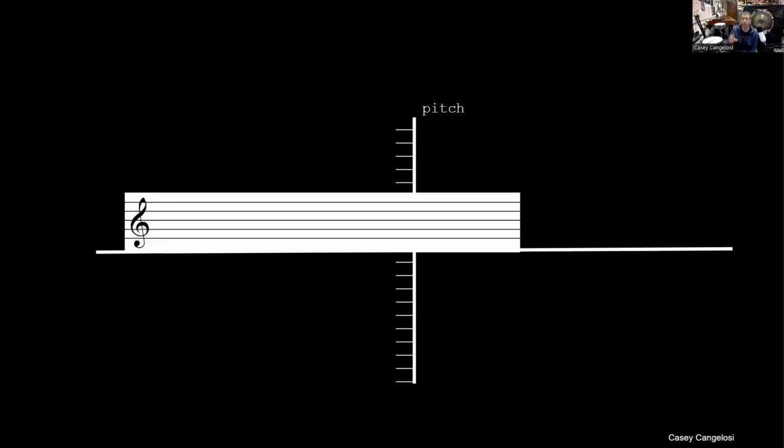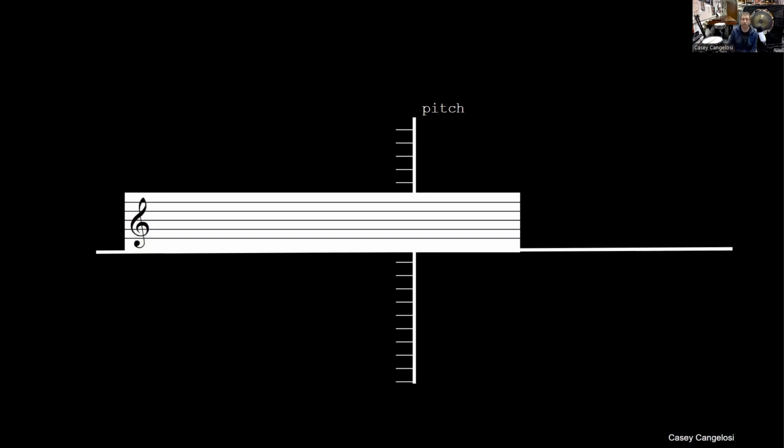So I like to think of musical notation kind of on a y and x axis. And the y-axis deals with pitch, and you can think of little lines of measurement just like a ruler going up and down. And you can imagine this is everything we can hear right here, from the highest pitch down to the lowest pitch. We move around these increments of measurement with our clefs and staff lines.